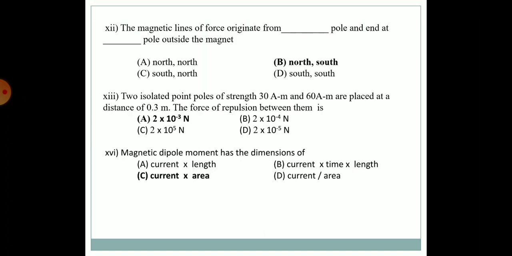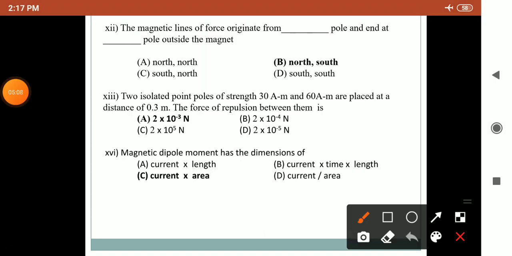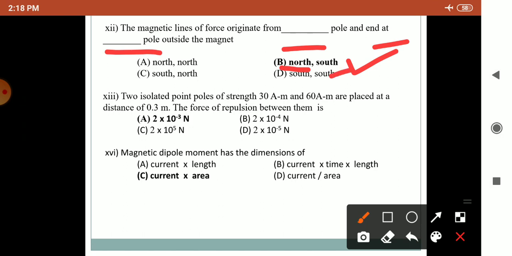The next question: the magnetic lines of force originate from a dash dash pole and end on dash dash pole outside the magnet. Here, the magnetic lines of force originate from the north pole and end on the south pole. Then next, two isolated point poles of strength 30 ampere meter and 60 ampere meter are placed at a distance of 0.3 meter.